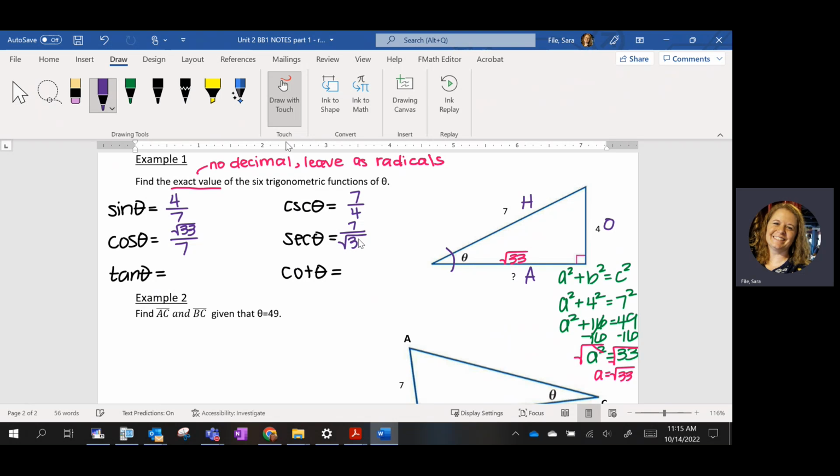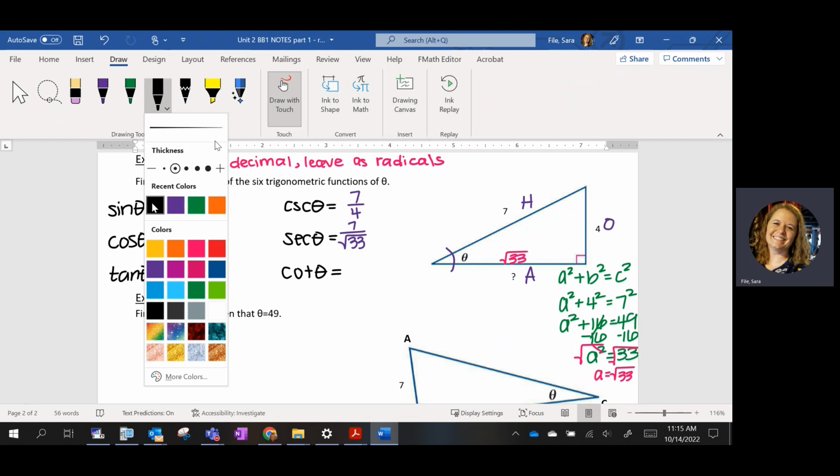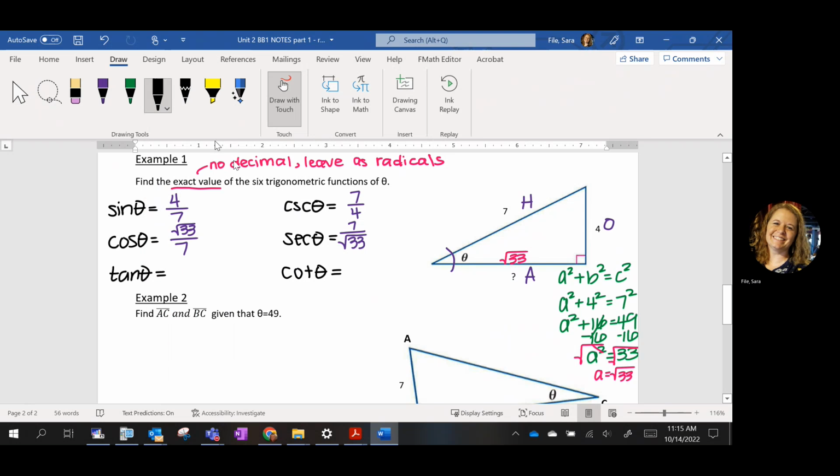Now, another thing you may or may not remember from Algebra 2 is that we do not leave radicals in the denominator. This answer is not rationalized. We have to rationalize the denominator. That means get rid of the radical, the square root, in the denominator. Does anybody remember how to do that?